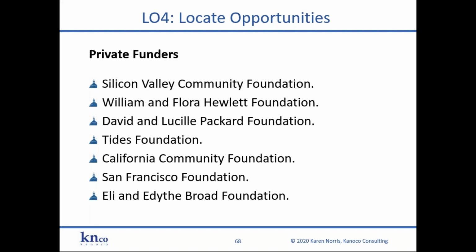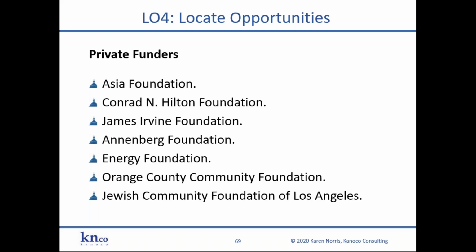You've got Silicon Valley Community Foundation, the William and Flora Hewlett Foundation, David and Lucille Packard. All of these are really famous foundations. They happen to be in California. The Tides Foundation, the California Community Foundation, San Francisco Foundation, Eli and Edith Broad Foundation, the Asia Foundation, Conrad Hilton, Hilton Hotels in California, James Irvine Foundation, Annenberg, big television media in California.